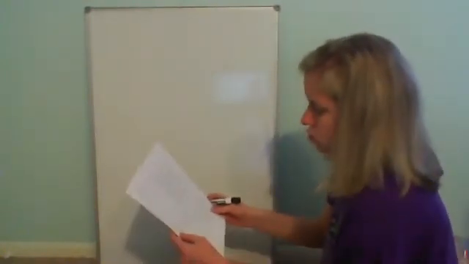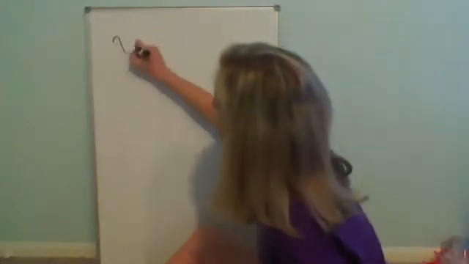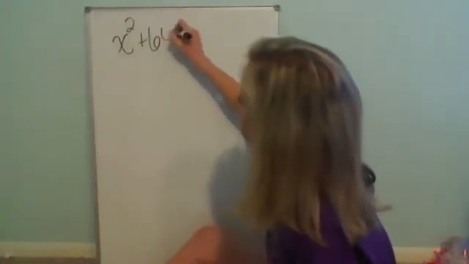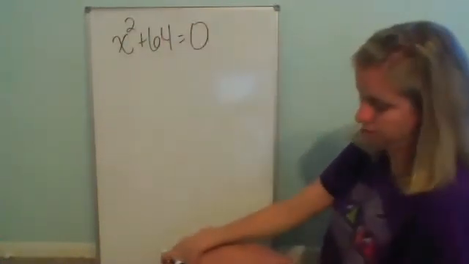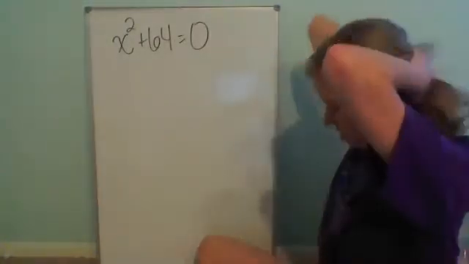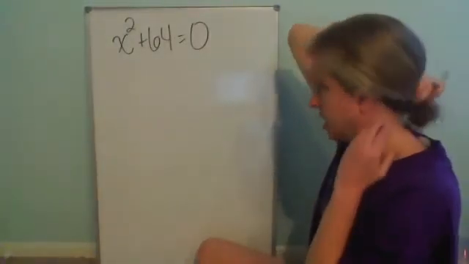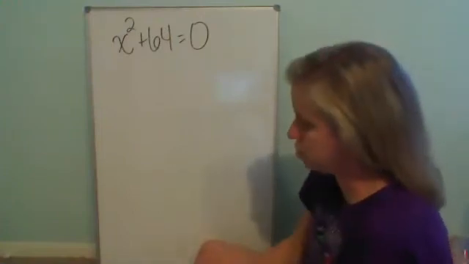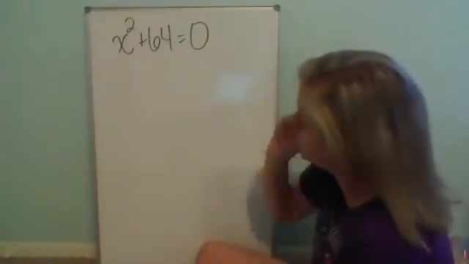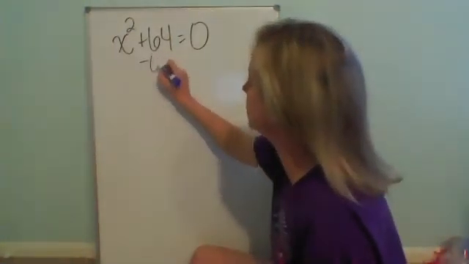Number 7, x squared plus 64 equals 0. So on this one, again, looks like another good candidate for the square root method. So get that x squared by itself by subtracting 64.